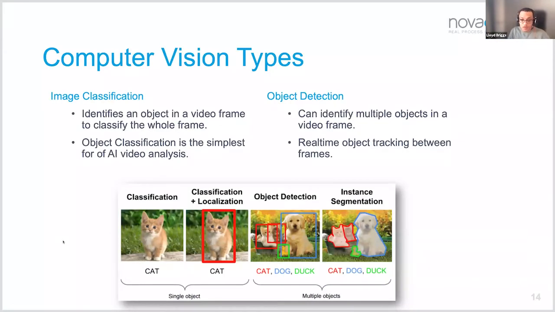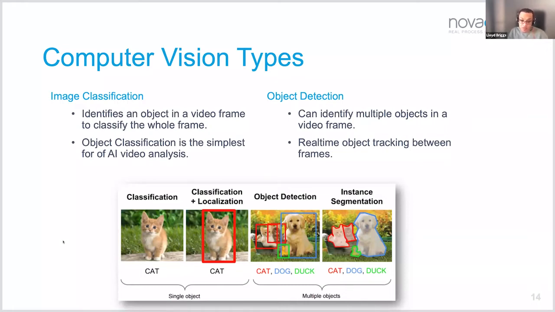So there are two main computer vision types. You've got image classification and object detection. Image classification is one of the simplest forms of computer vision. It literally will detect and define an image based on what it sees.